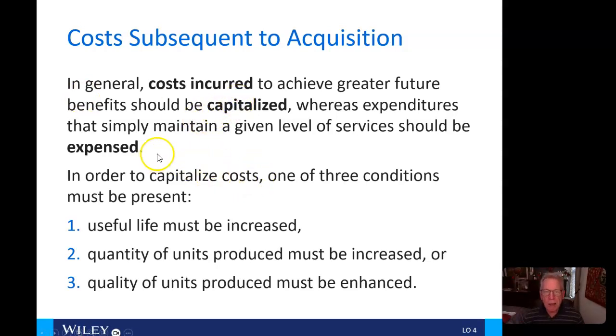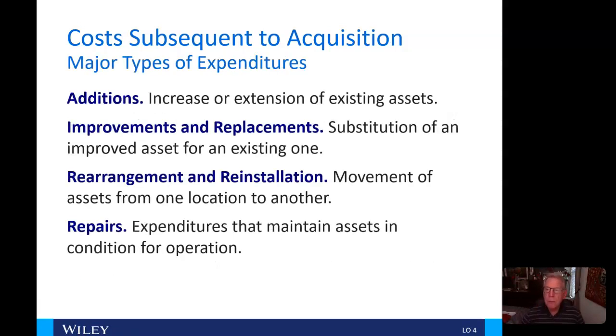To maintain a level of service, we'll expense those. When we capitalize costs, one of the three conditions must be present. The useful life must be increased, the quantity of the units produced must be increased, or the quality of the units produced must be increased or enhanced.